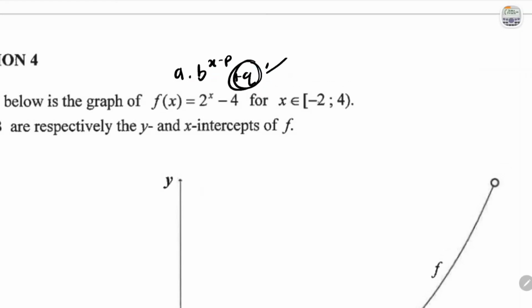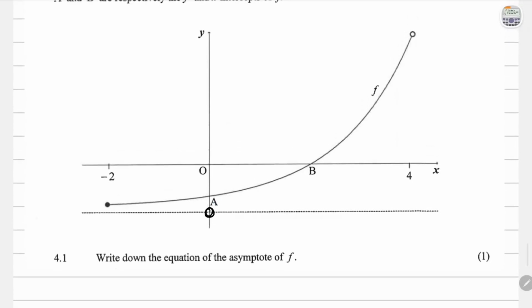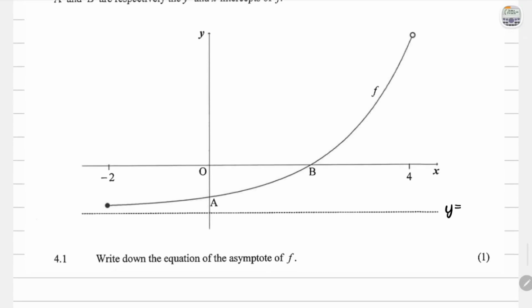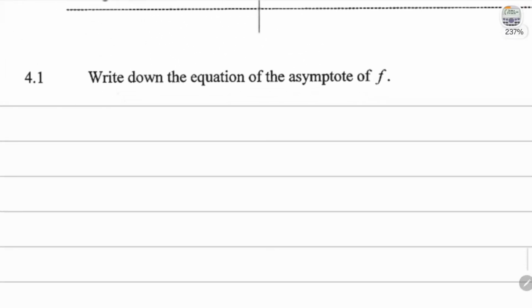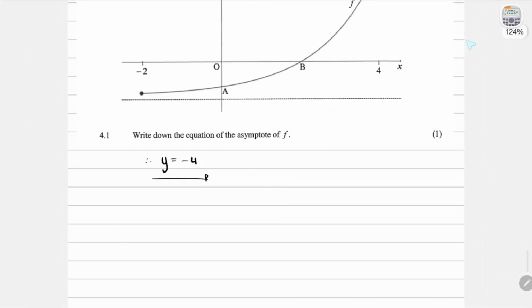Q will tell you the horizontal asymptote, and it's a horizontal line, so it passes one particular y value, but it will have multiple x values. So this equation always starts with y equals. So it will be y equals whatever that q value is, which we can see is negative 4. So this is y equals negative 4. And that is our answer.